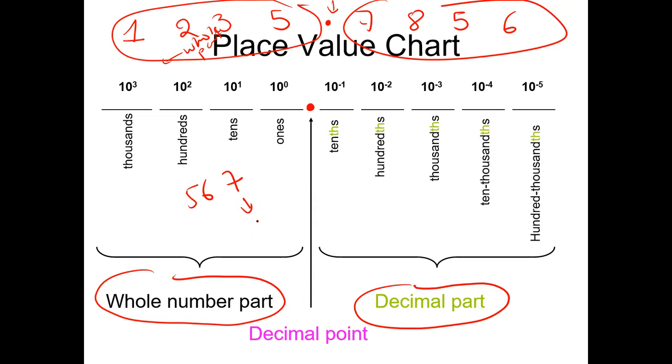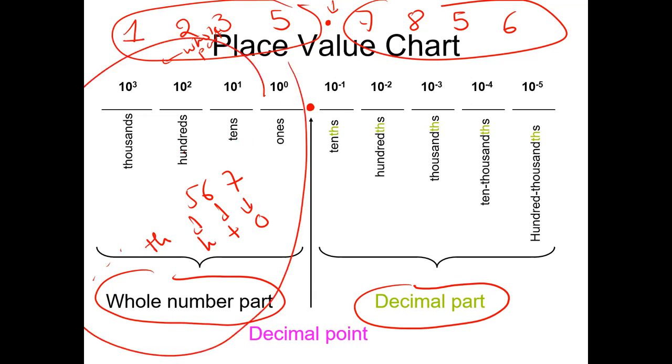We start from the right side. We say ones, tens, hundreds, thousands, and so on. Here it's the same. I always consider the whole part like a whole number. Start from the right side: ones, tens, hundreds. It's the same. There is no difference between them. No difference between it and any whole number.